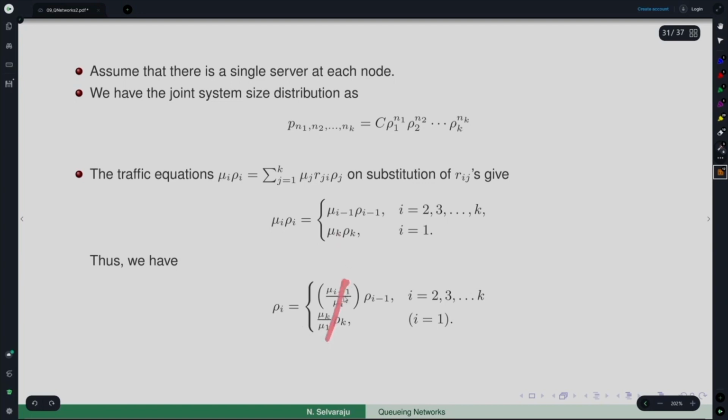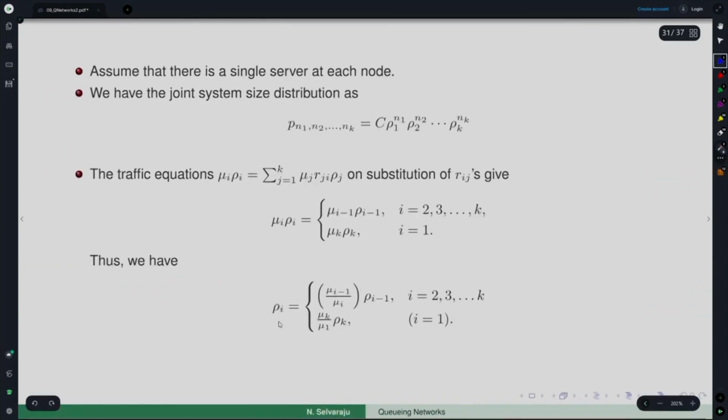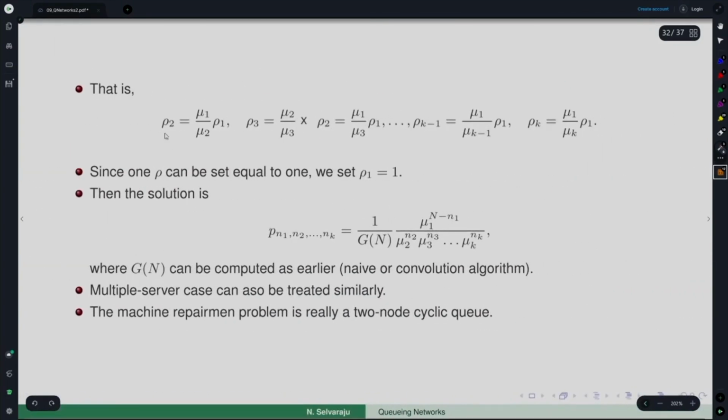So that is what you will get as this rho I. Now, once I know the rho I's, then I can put it here. This is actually written in expanded form, that means rho 2 is mu 1 by mu 2 times rho 1, and rho 3 is mu 2 by mu 3 times rho 2 actually. So, this is a product, okay.